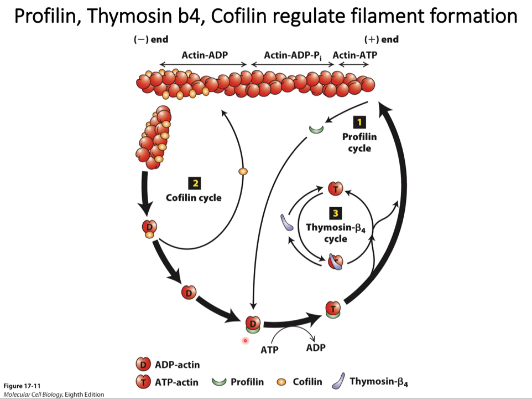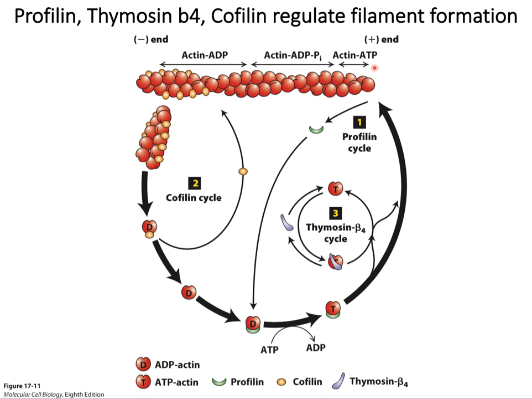When profilin binds to this actin monomer, it actually changes the shape of the G-actin monomer such that the cleft that is holding the nucleotide ADP opens up a little bit and you get diffusion of ADP out of the cleft. Since ATP concentration is fairly high inside the cells, you get ATP diffusing into the cleft, and you end up with an ATP-bound G-actin monomer, which can then be incorporated into the growing filament.